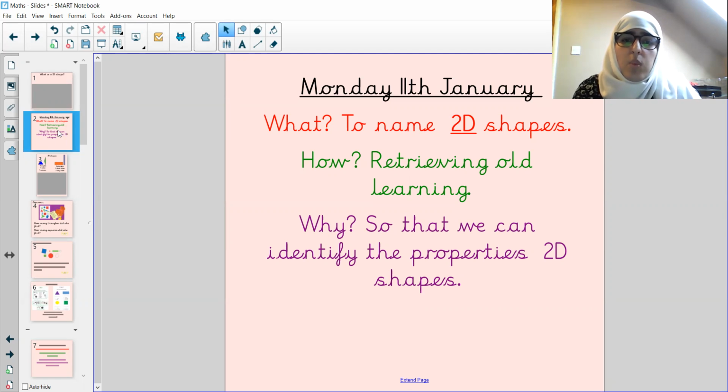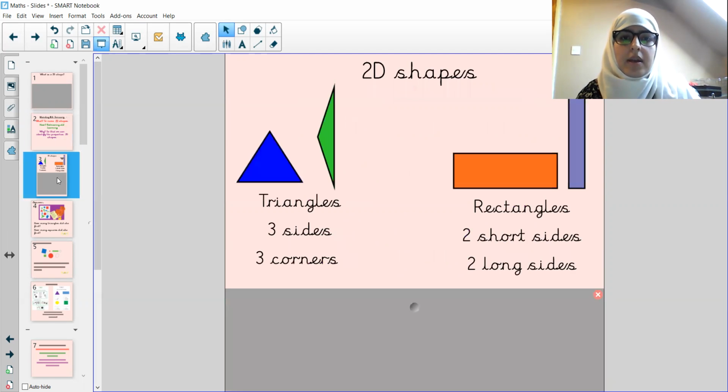And why? So that we can identify the properties of 2D shapes. That word properties means what is special about that particular 2D shape, and we'll be looking at that today.